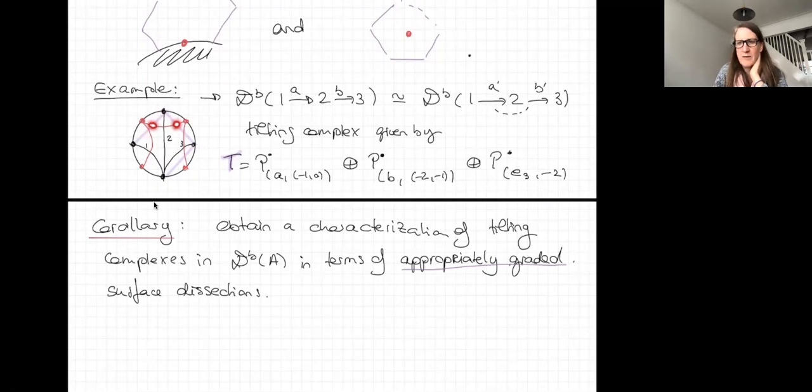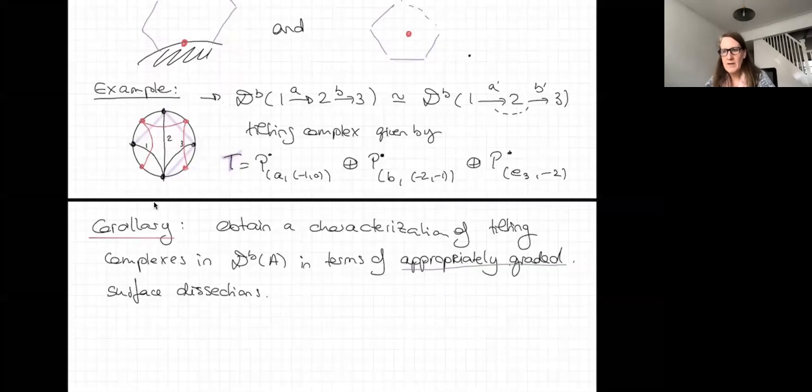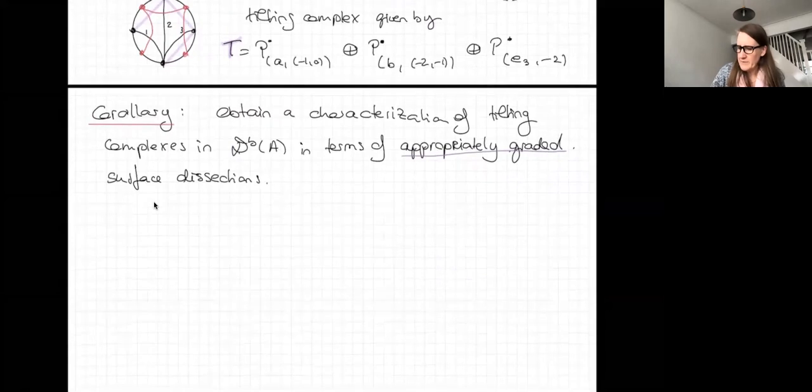So the gradings have to be equal at the first intersection point with the dual graph. And if they're all the same, for each of these boundary vertices, then we get a tilting complex. Okay, and then we can use this to give a complete derived invariant.